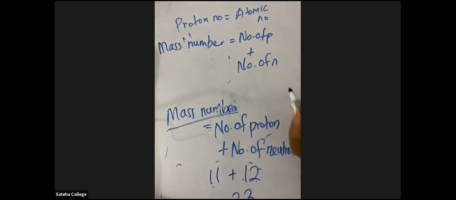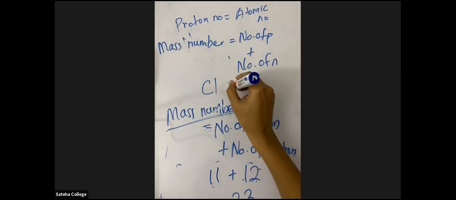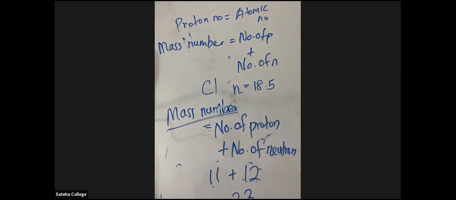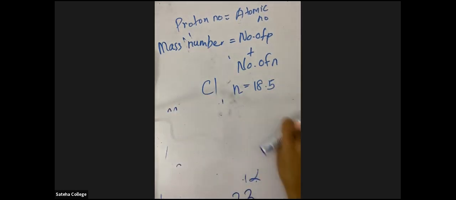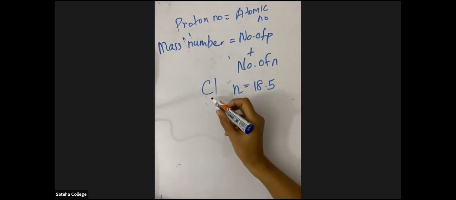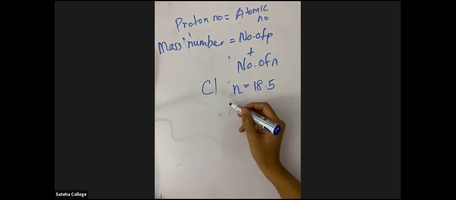I'll give you another question. Chlorine neutron number is 18.5. Find the mass number. Look at your chart and find out what is the atomic number of chlorine.